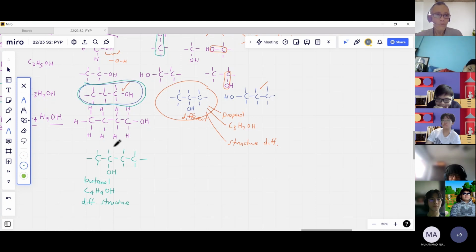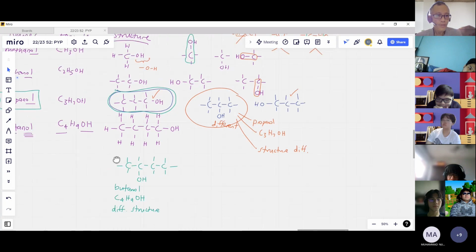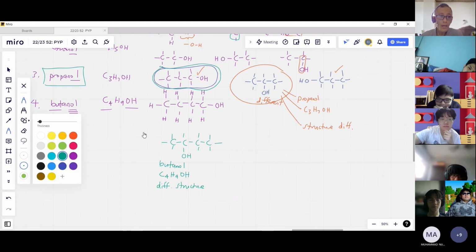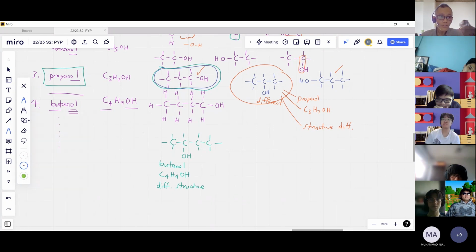Now, likewise, if your question mentions butanol, by default, this is the structure. However, why is it different?